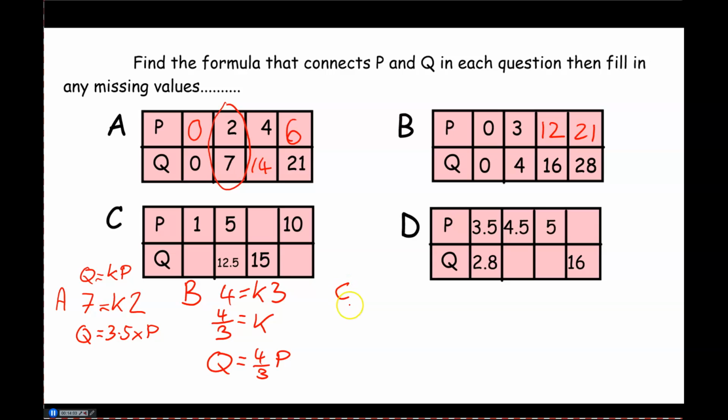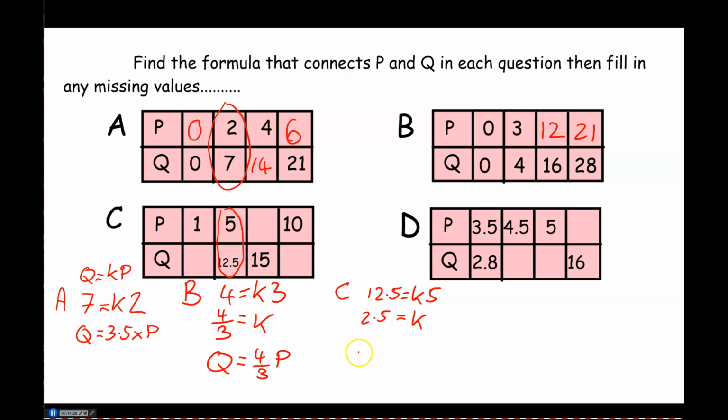So let's go for C now. We've got Q, K, 5 because I'm dealing with these ones here. So our value of K is 12.5 divided by 5, which is 2.5.